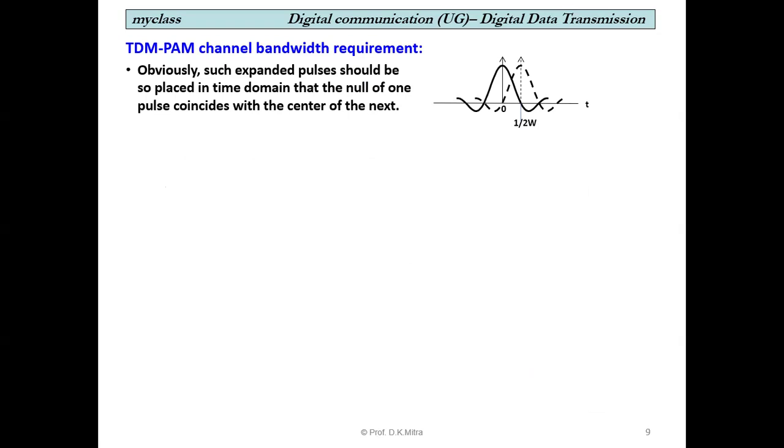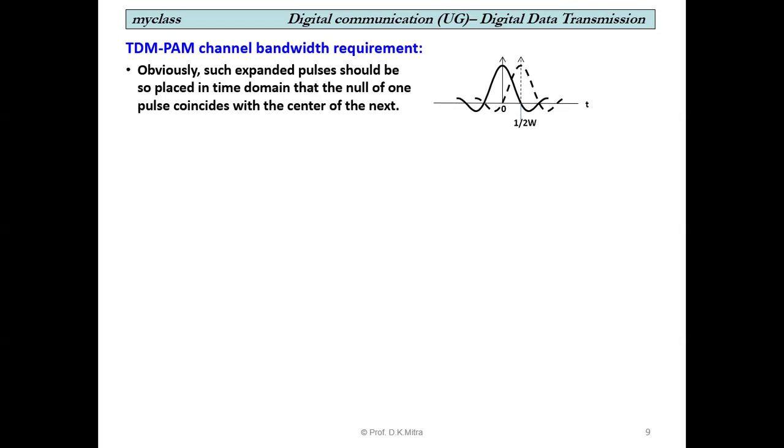It's like this. There are two sync pulses at the receiving end. But you should design your system in such a way that in time domain, the peak of the second pulse coincides with the first null of the first pulse.